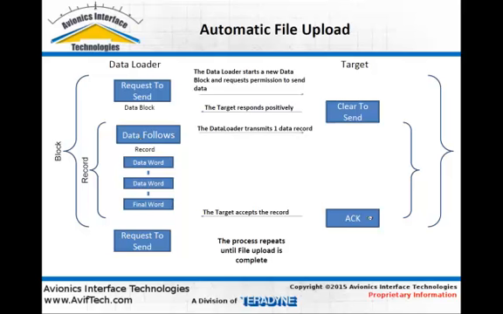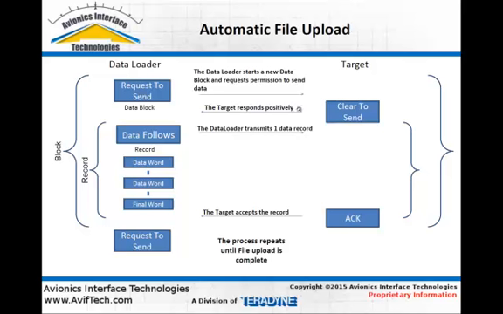The target uses the sequence of data words and that checksum to check that the data is valid, that we haven't had any data integrity issues on the wire. If it validates that, it would send an acknowledge back to the data loader, which would trigger the data loader to send the next data follows and next sequence of data words and so on.